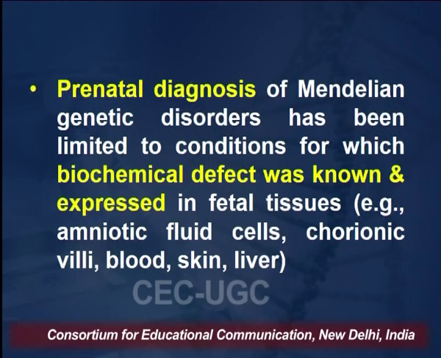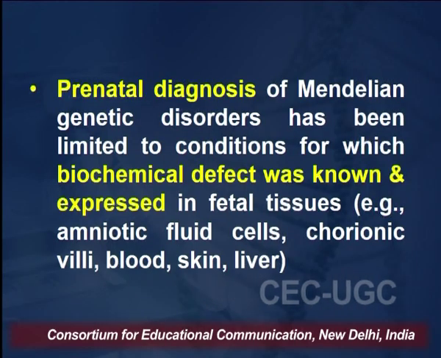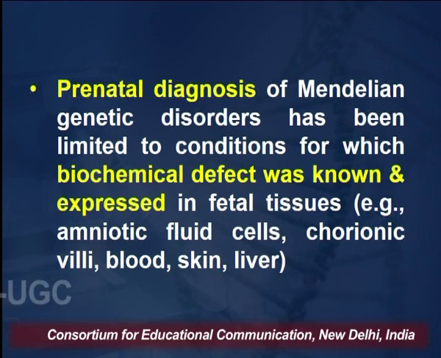The prenatal diagnosis of Mendelian genetic disorders has been limited to conditions for which the biochemical defect was known and expressed in fetal tissues such as the amniotic fluid cells, chorionic villi, blood, skin, liver. So, either the biochemical defect could be assayed or certain phenotypic changes or morphological markers could be identified.